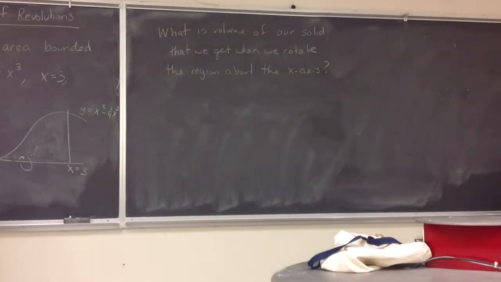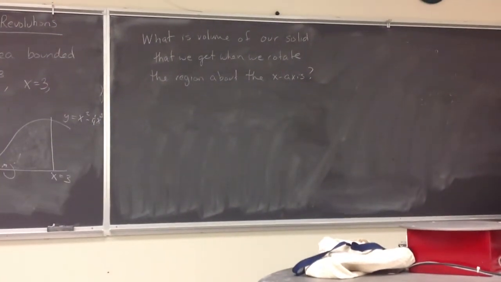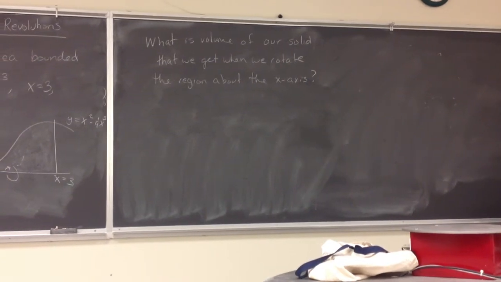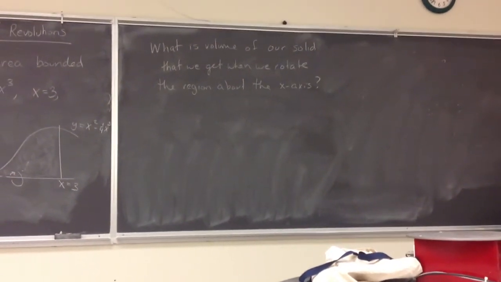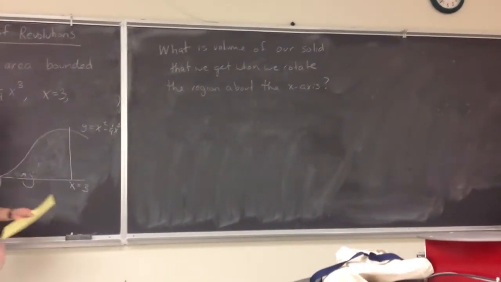And so our solid shape looks like a Hershey Kiss, but the problem is that if you look in the front of your textbook, I don't think that there's a formula for the volume of a Hershey Kiss there. And so in that case, we're going to need to work on coming up with the volume of a Hershey Kiss.